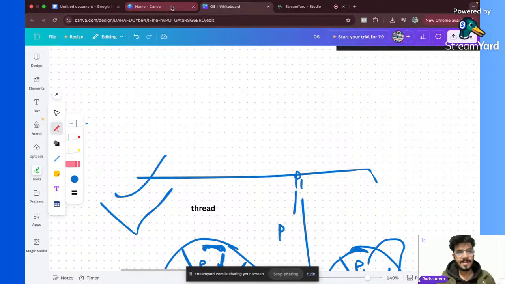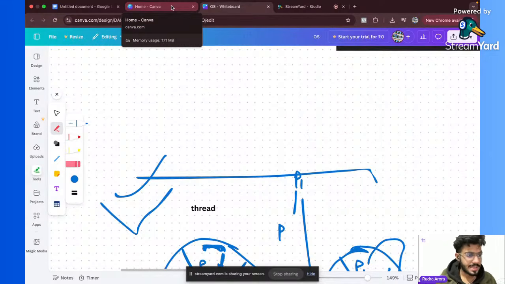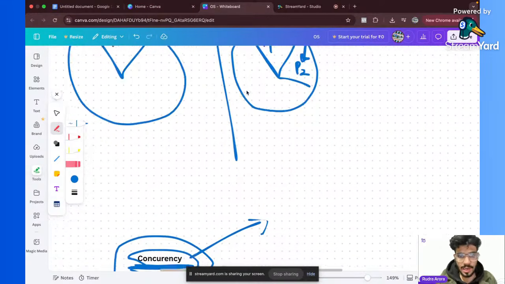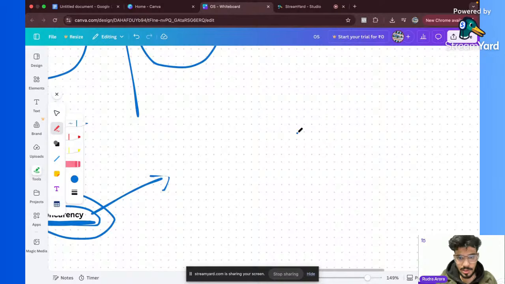Like in multi-threading, what is concurrency? Let me make it clear. Suppose this is P1 and this is P2.